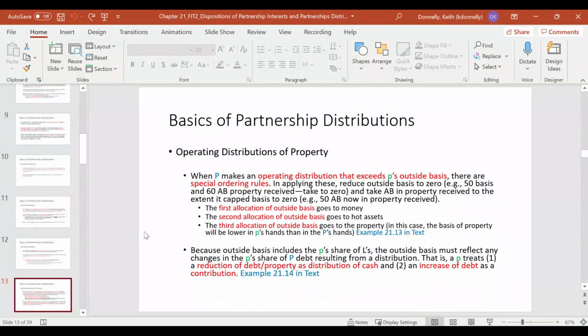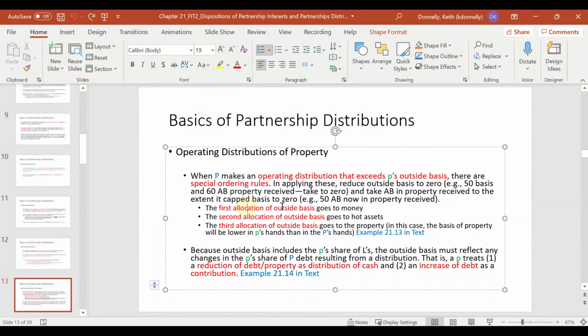So in other words, things can get modified when there's a distribution of property and it takes you down below 0 with the gain or loss. So let's look here at 2113. Basically, the idea is you're going to allocate your basis to money, to hot assets, then to property. And once it takes you to 0, that will help determine what your basis in the property is.